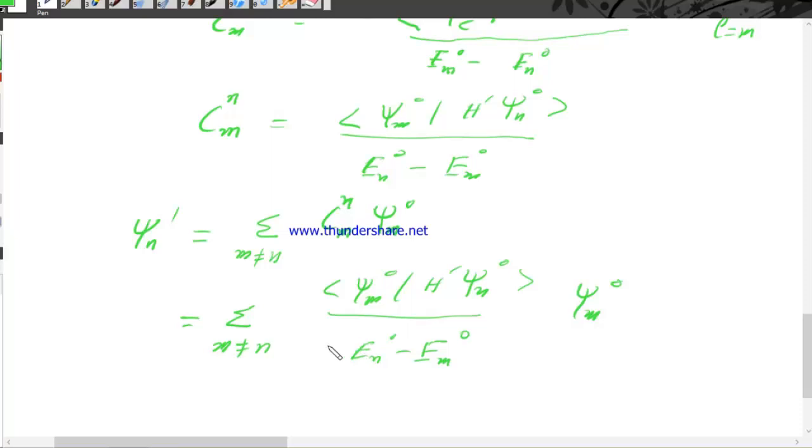This holds when this term is not equal to 0, so the unperturbed energy spectrum is non-degenerate. This means that m is not equal to n, so this is the non-degenerate spectrum.